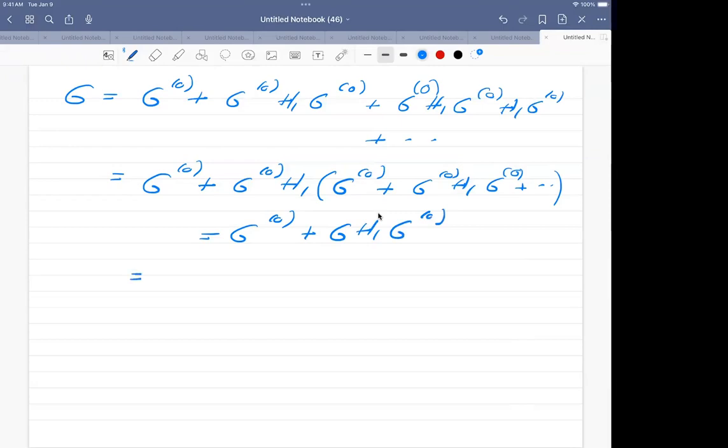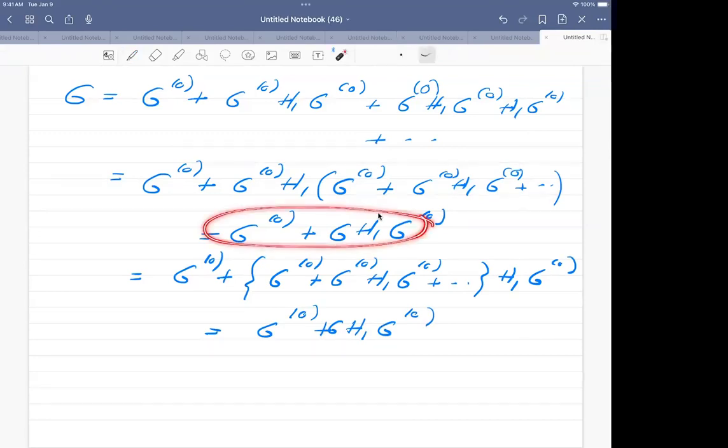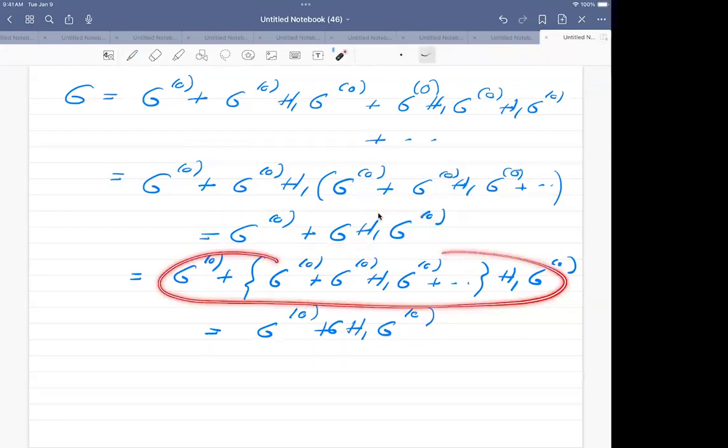And I can rewrite this one as a G0 plus a G0 of H of I of G plus H of I multiplied with G0. And this is nothing but G, so the way I see that is actually through this expression here. So this is G times H of I times G0. So the way I reached this one was simply to rewrite it like this.